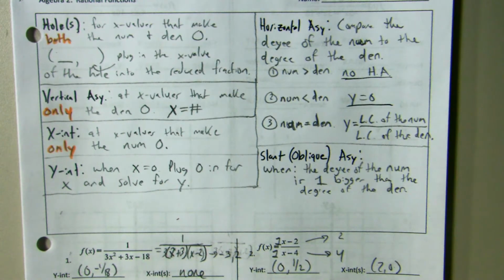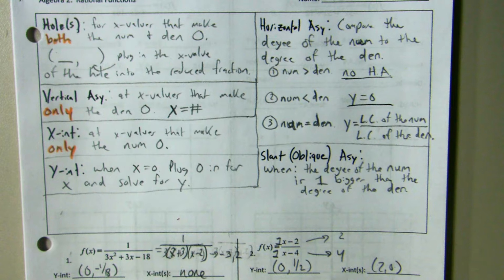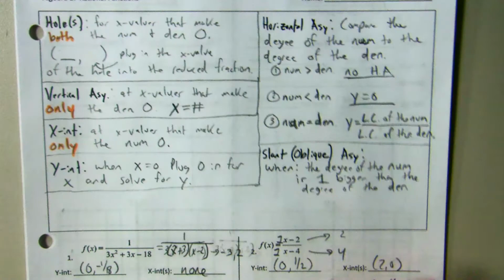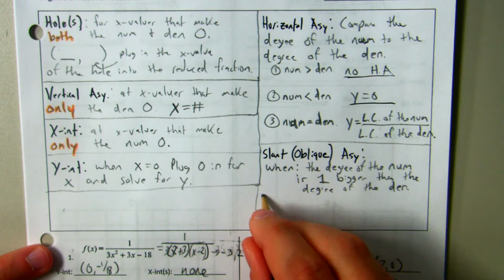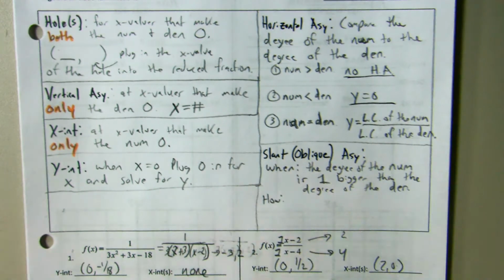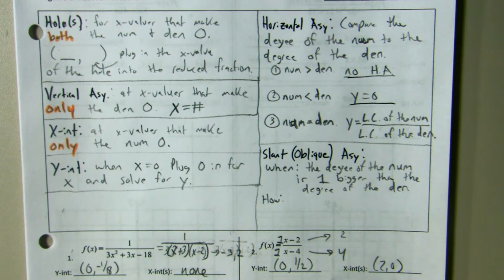So if that's not true, just say that there's not one and move on. Which is going to be the case most of the time. Most rational functions don't have a slant asymptote.